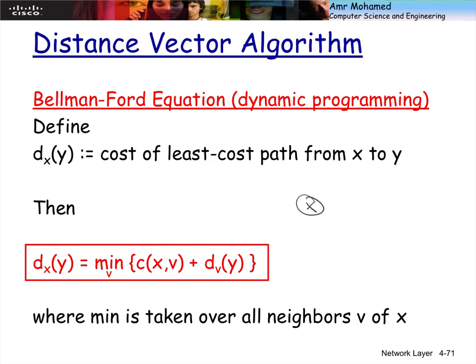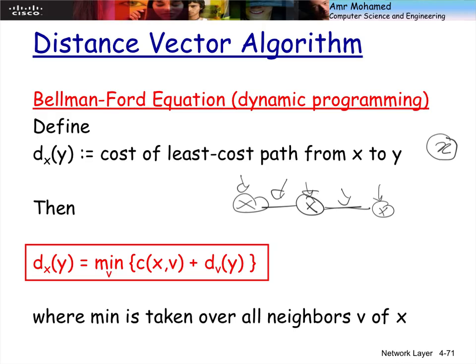A router knows the cost for its directly connected links. However, in order to reach any destination X far away, it relies mainly on the distances that it receives from other neighboring routers. And this is the main issue, and we'll see that by examples today.